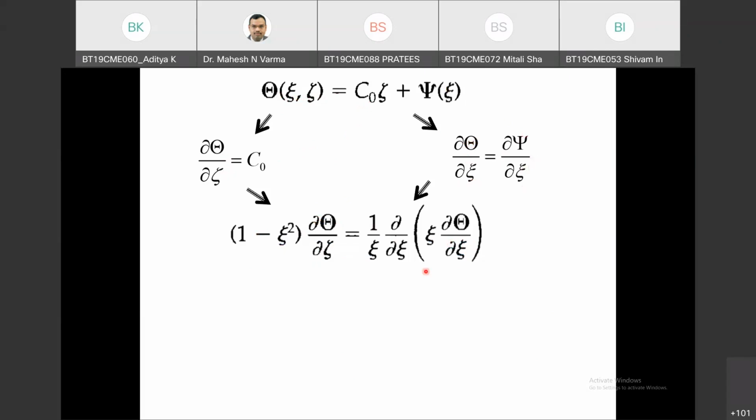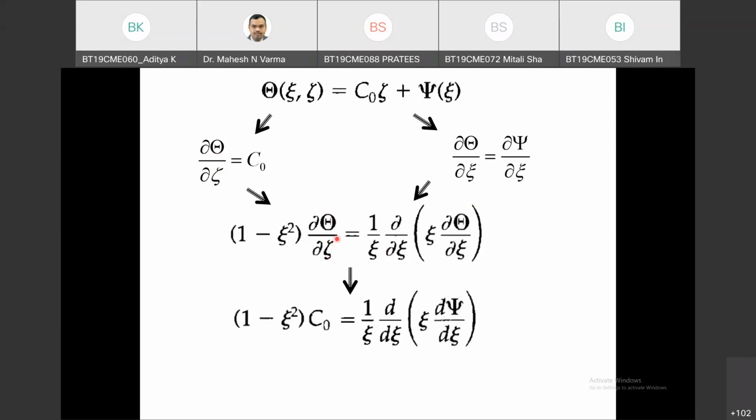Substituting in this equation, this dimensional differentiation is eliminated. So you can see 1 upon epsilon square C0 equals 1 upon epsilon d by d epsilon of epsilon d psi by d epsilon.